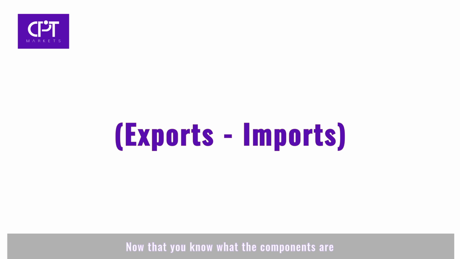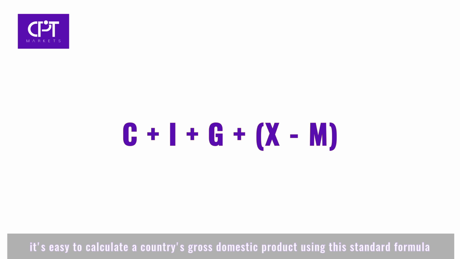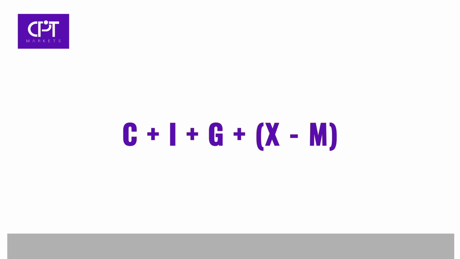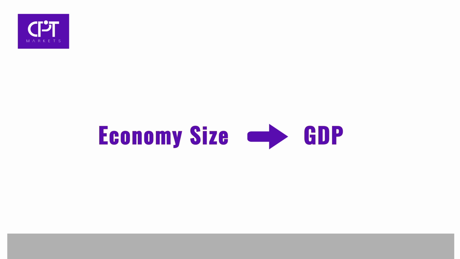Now that you know what the components are, it's easy to calculate a country's gross domestic product using the standard formula: C plus I plus G plus X minus M. When economists talk about the size of an economy, they are referring to the GDP.